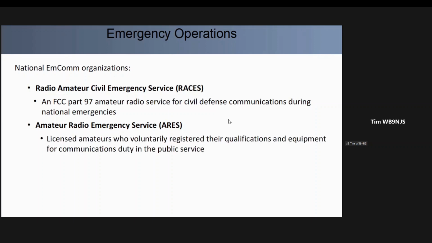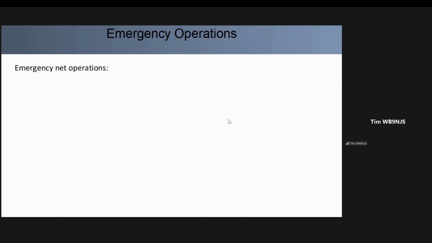ARES is a little less formal, and it's defined as consisting of a group of licensed amateur operators who voluntarily registered their qualifications and equipment for communication duty in public service. In other words, you put your name on a list and said, hey, I'm here, I've got a license, I've got this equipment, I'm available. So the definition of either one of those might appear on your test. Remember, RACES, which is civil emergency, is the civil defense one.